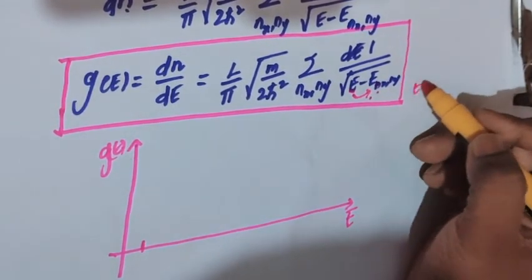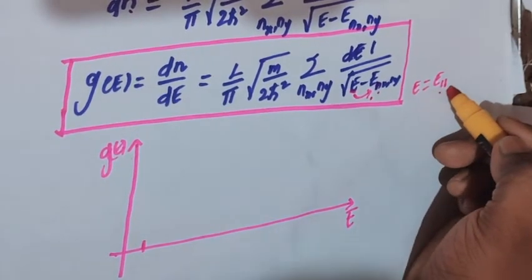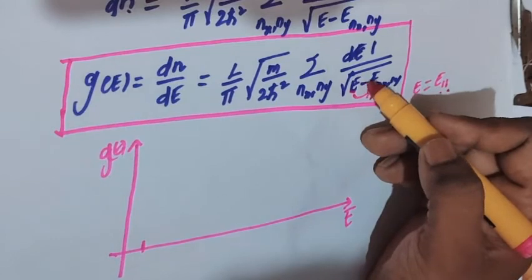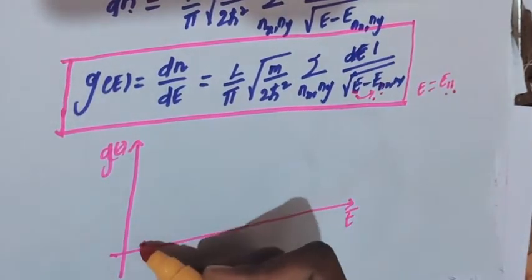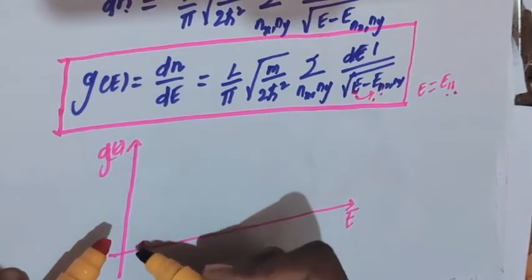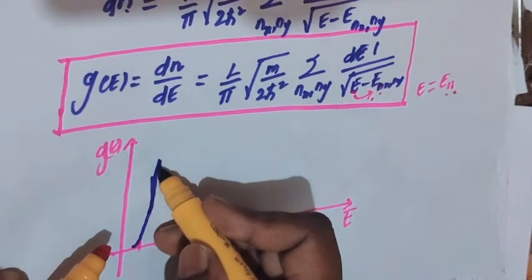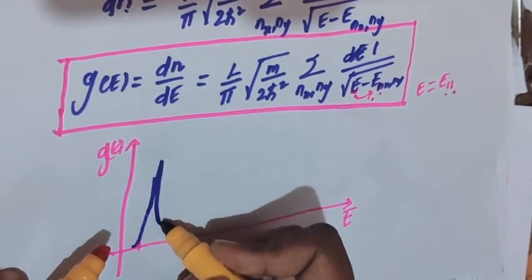Suppose E is equal to E11, nx 1, ny 1. If it matches, it will be square root of 0. It looks like infinity, but it's not infinity. It will suddenly shoot up at E equal to E_nx,ny, then it will go like a square root function of energy.